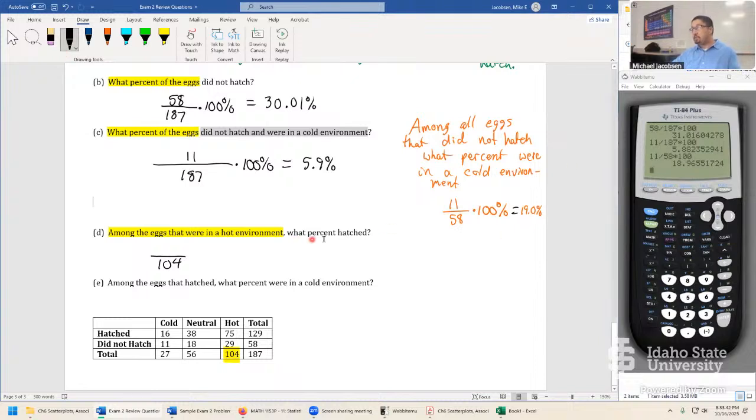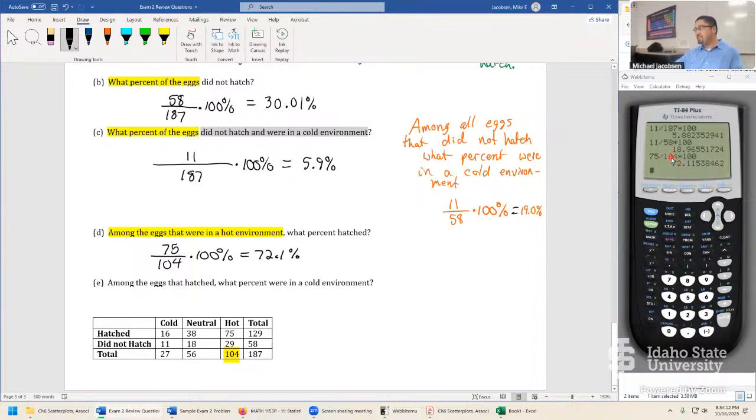And we're going to find the percent of them that hatched. Well, that's the other variable. 75 hatched that were in the hot environment. So multiply this by 100%. And here's what we get. 75, don't multiply, let's divide by 104 times 100. We get the number 72.1%.